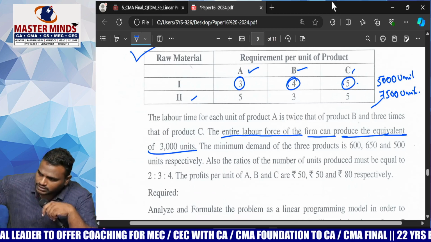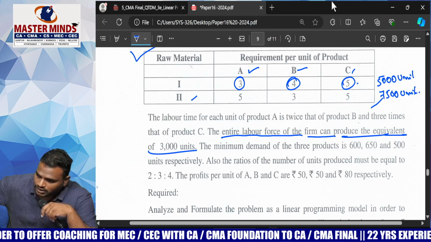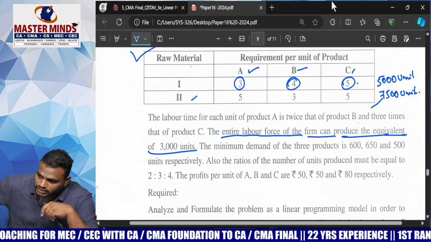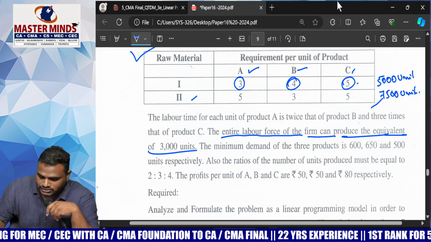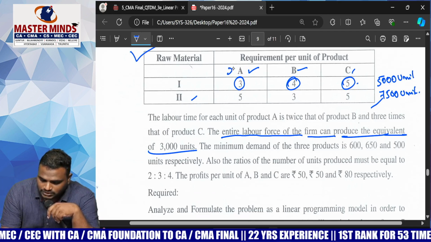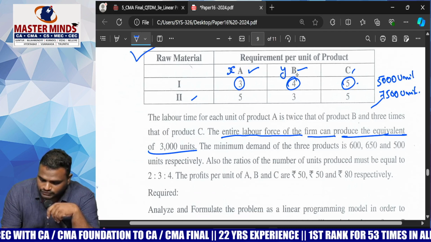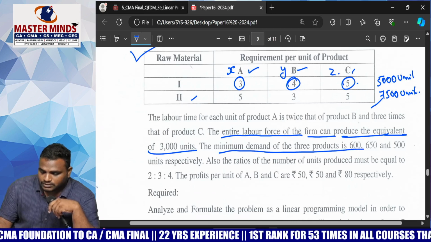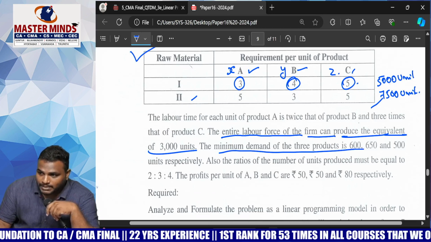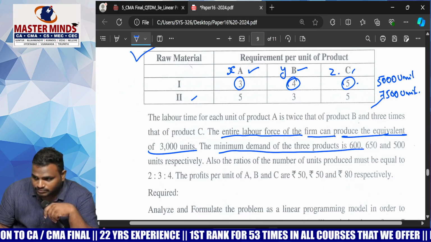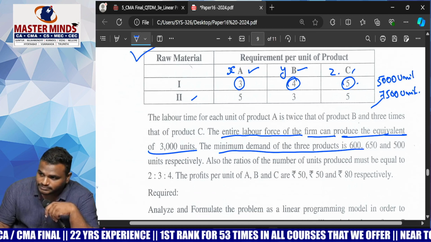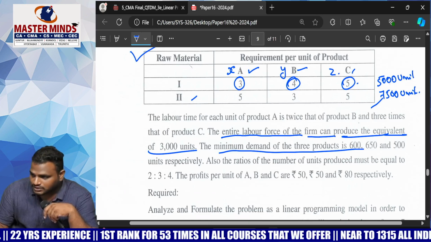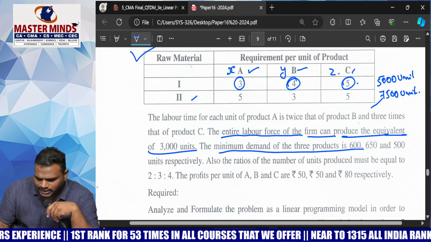Then, let us assume the number of units of product A is X, B is Y and C is Z. Now tell me the equations for this. Minimum demand is greater than or less than? Greater than. X greater than 600, Y greater than 650, Z greater than 500. Next.